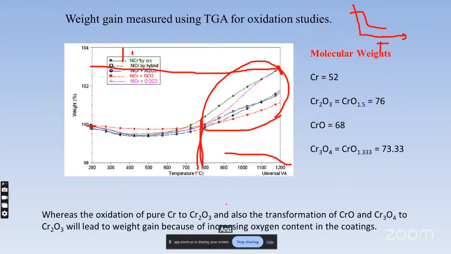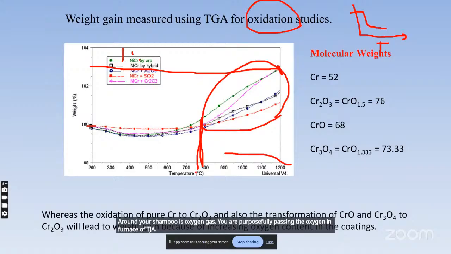And the environment around your sample is oxygen gas. You are purposefully passing oxygen in the furnace of TGA and you are putting the alloy sample inside the furnace, or inside the balance in the furnace.